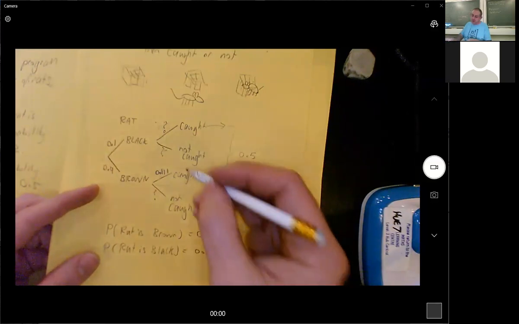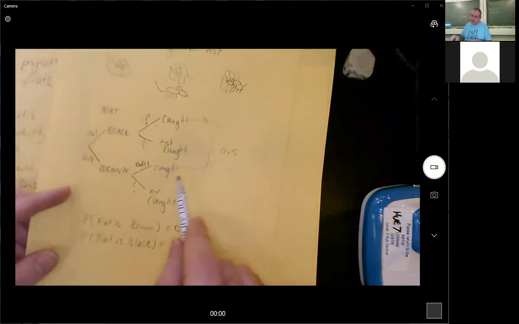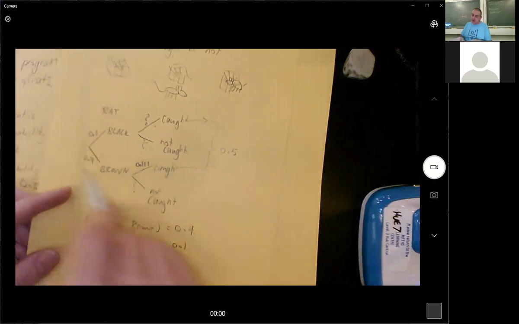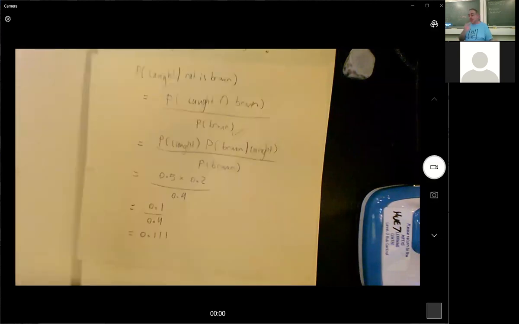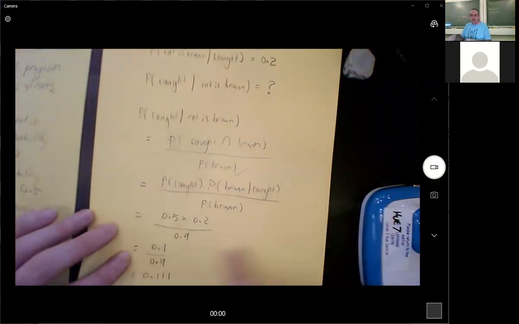Because it should be the probability of caught and brown is this bit here. Yeah. So I think that this question was trying to get you to ignore the story and just look at what's written here and create the formula.